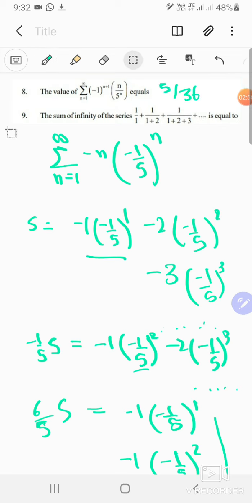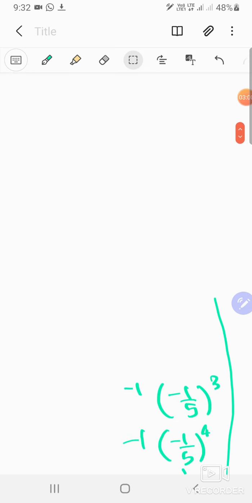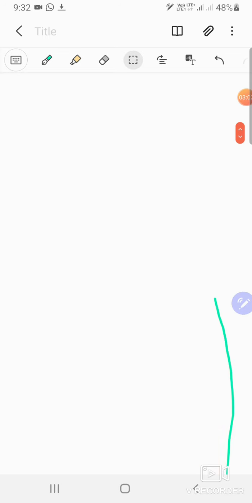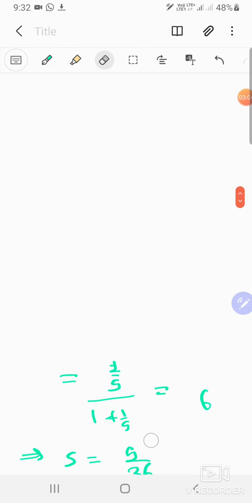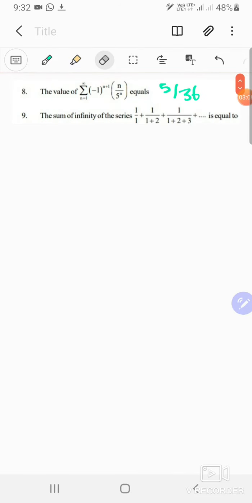Okay, so the next question is the sum to infinity of the series: 1 upon 1 plus 1 upon 1 plus 2 plus 1 upon 1 plus 2 plus 3 all the way till infinite terms is equal to... okay, so our t r, which is the general term, that is equal to 1 upon 1 plus 2 plus 3 all the way till r.